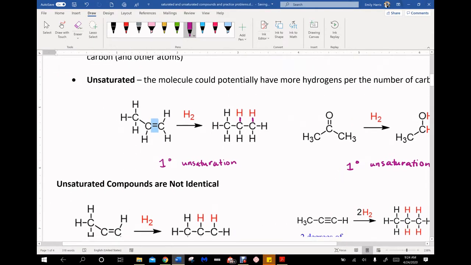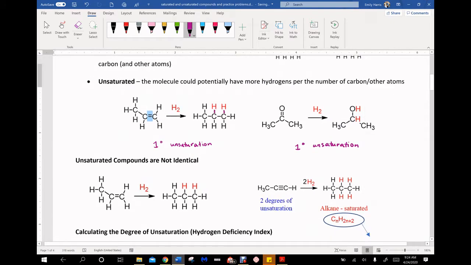Now here's something interesting that falls out when you have unsaturated compounds. Unsaturated compounds are not identical, even though they may have the same number of carbon atoms. For example, on the left here, this is an unsaturated compound with 3 carbons.